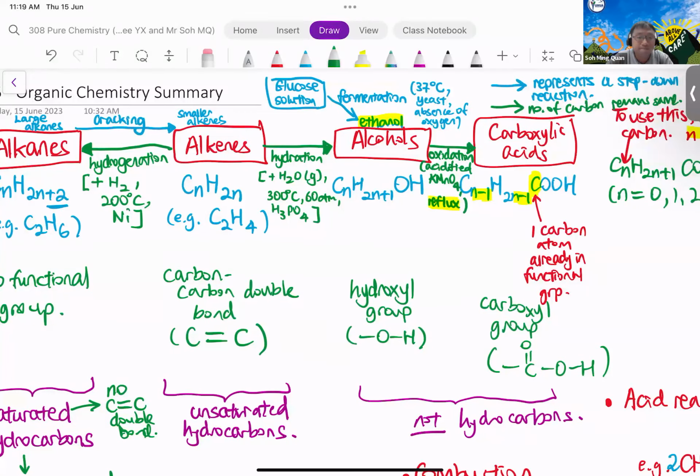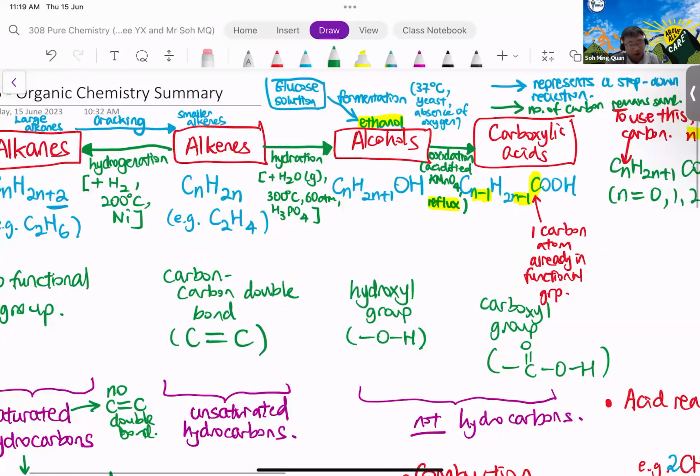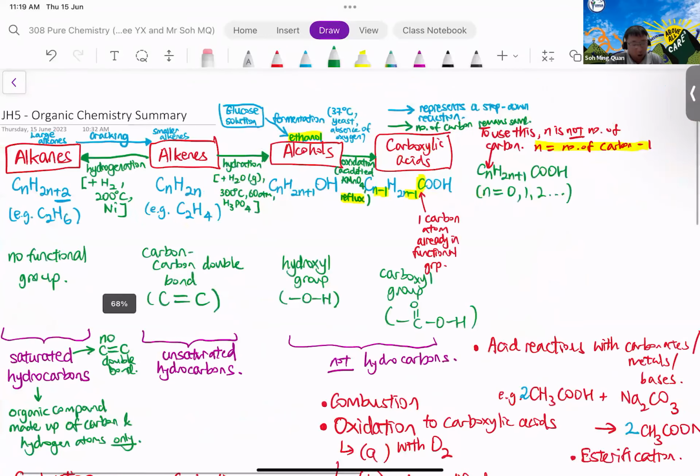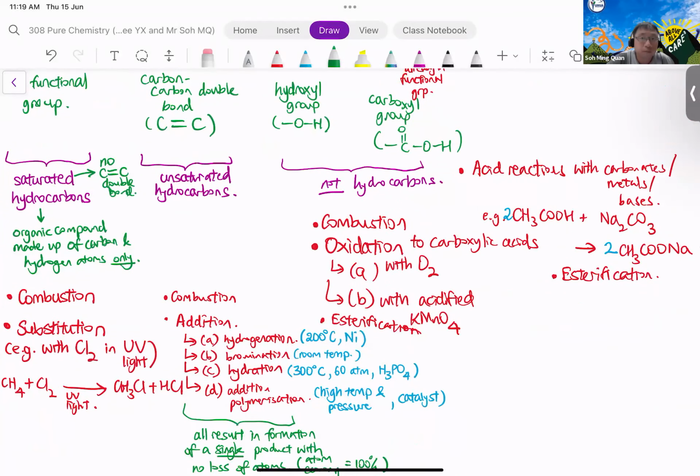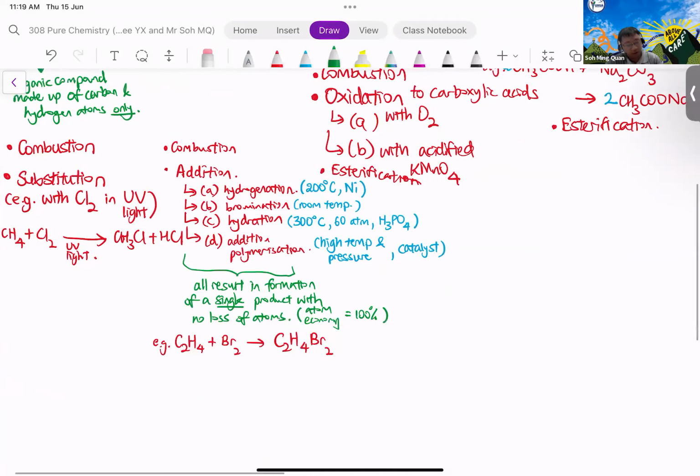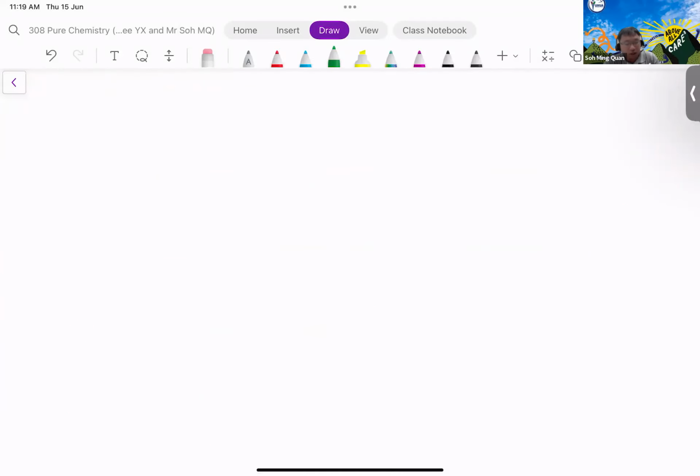Now, the good news is once you have gotten to this stage, if you just zoom out, I will zoom out for you to see, you have basically summarized most of organic chem. You have just one part left to summarize, which is esterification, which we're going to do quickly now. I will do esterification separately from the main summary, not because it's not linked.